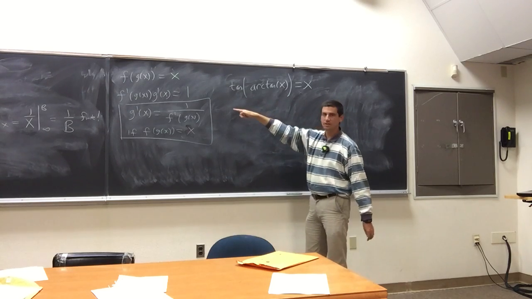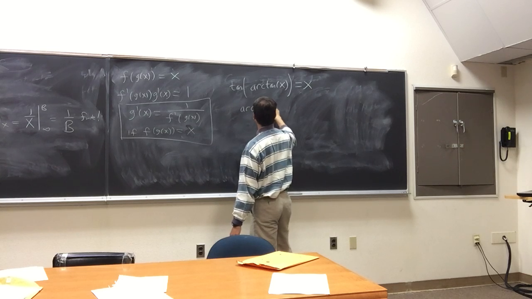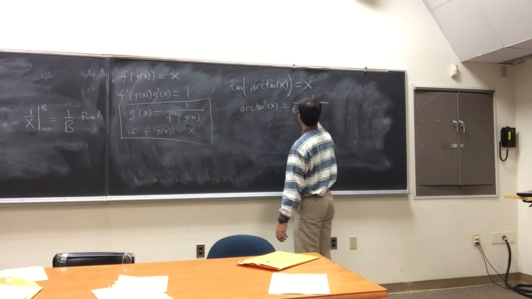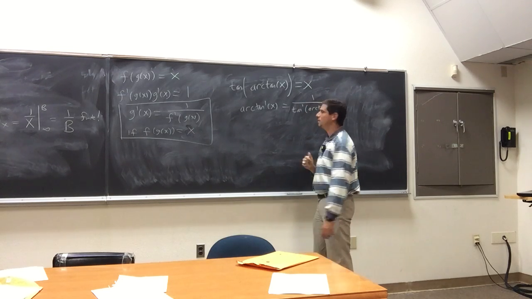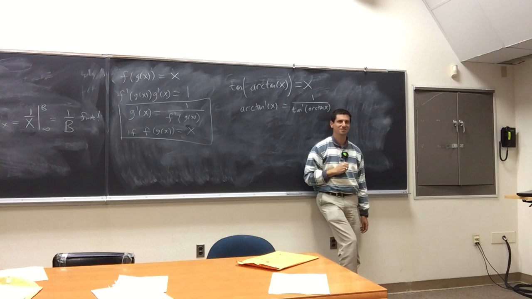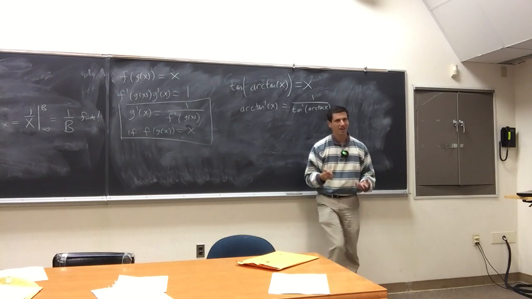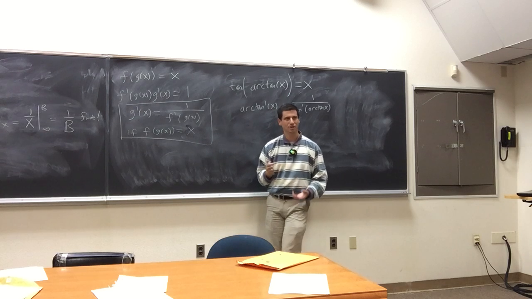We can now use this result here, and we get arctangent prime at x is 1 divided by tangent prime at arctangent of x. Who remembers what the derivative of tangent is? Yes? 1 over cosine squared x. Good. And 1 over cosine squared is the same as secant squared.